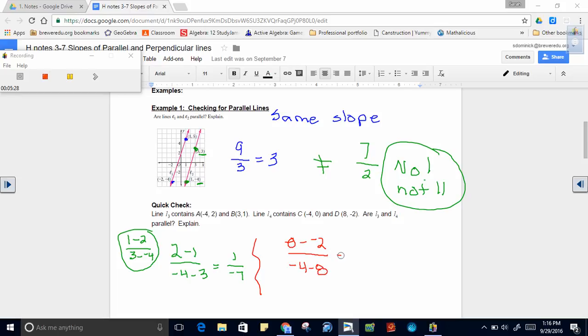Let's reduce that. 0 minus a negative 2 would be a 2, right? Those two negatives make a positive. Negative 4 subtract 8 is a negative 12. And I would reduce that to negative 1/6. So unless I did my math wrong, that's a no. They are not equivalent. Okay?